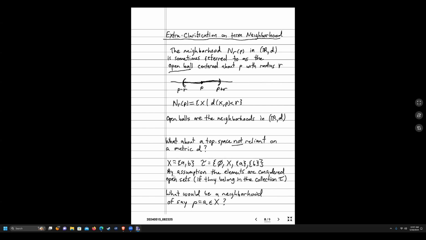Well, let's say you have X being {A, B}, and you have tau being the empty set, X, {A}, {B}, and this is a topological space when I write X comma tau. Again, the members of tau are considered by assumption open sets.